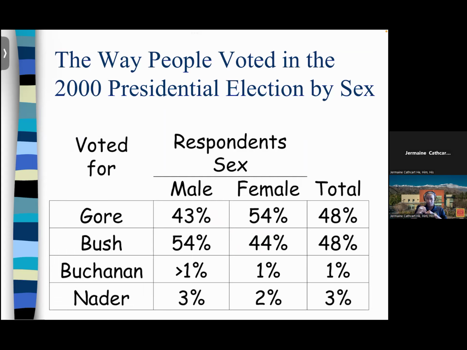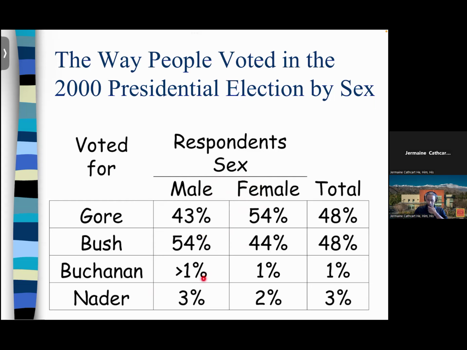Let's see the same thing in 2000. So this was Bush Jr., George W. I believe it was George W. So Al Gore, Buchanan, and then Ralph Nader. Okay, so the independent variable is sex, right? As you can see, females were much more likely to have voted for Gore. Males were much more likely to have voted for Bush.